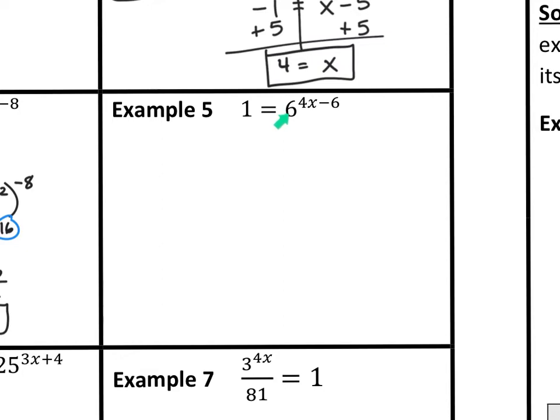And we want to make sure that both sides of the equation have the same base. So my question to you is, if I want to make sure that the left side has a base of 6, I have the base of 6. And the question is, 6 to what power equals 1? So I can make a substitution. 6 to what power equals 1?